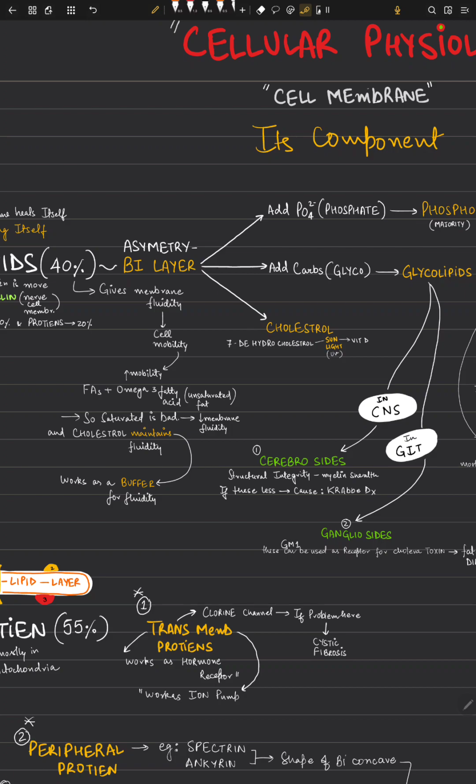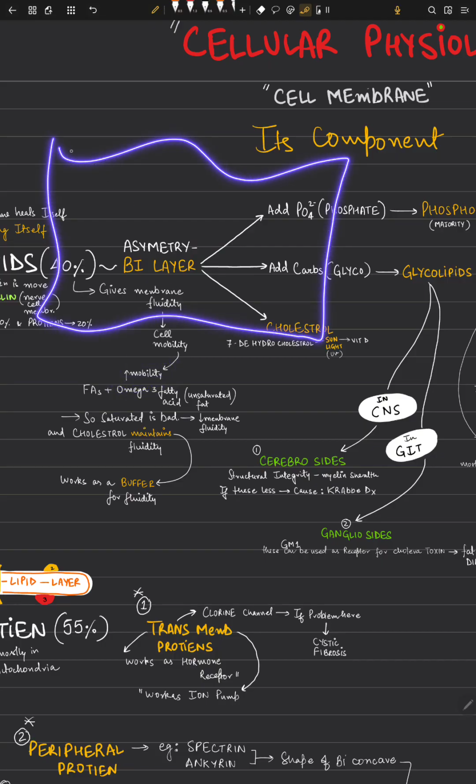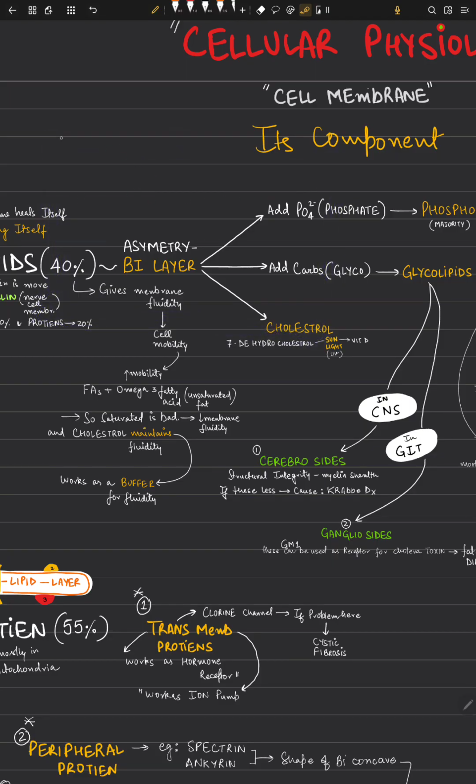If you want your cells to be stable and healthy, they have to be mobile, typically not rigid. We want the boundary of the cell to be mobile.